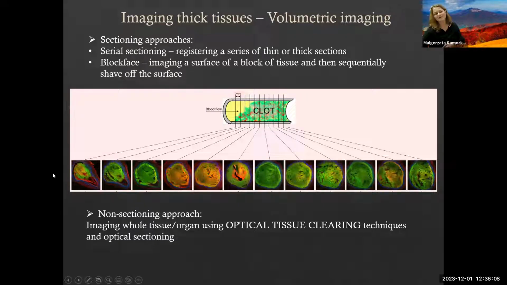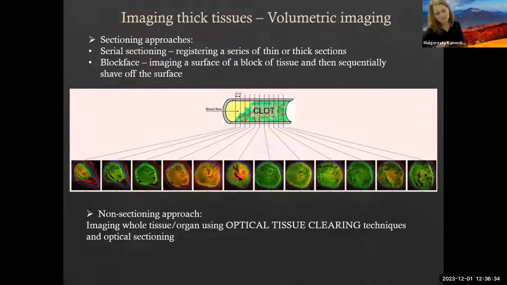So even though I was able to collect all these volumes from the structure, I wasn't really very successful with putting it together manually, because it was even before the time when we had the software allowing us to do this type of reconstruction automatically. So then another technique is block phase imaging, where you have a block of tissue, you image it, and then you shave it and image again.